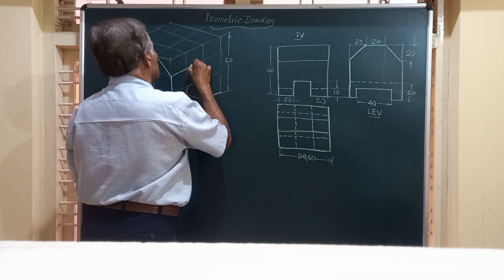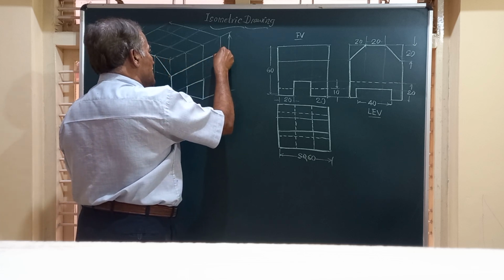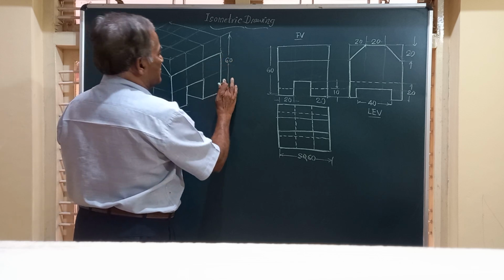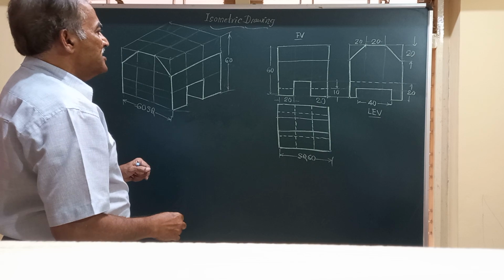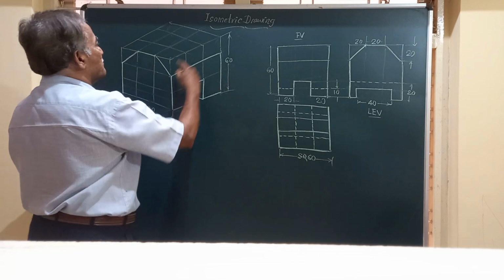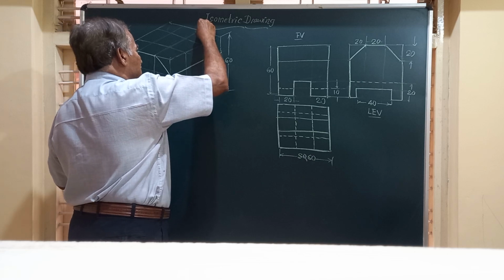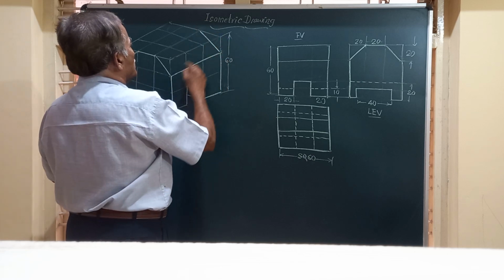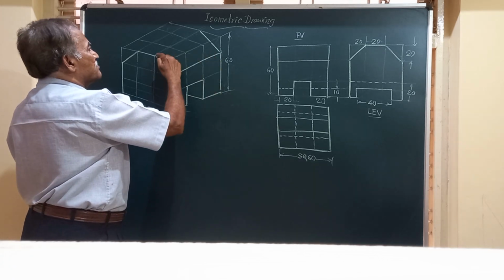And again from this end, I am going to draw a vertical line. So this is the front part. And here, since this surface is parallel here, from this corner, I am going to join this. So this line is parallel to this, and this edge is parallel to this.